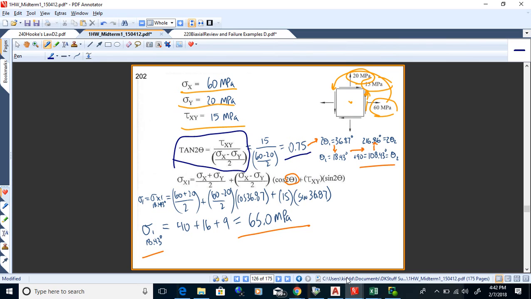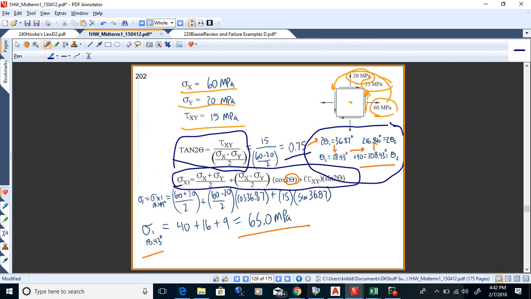So this is finding the principal stresses. The way I approach these is I find the angle first. And then when I've got the angle, I plug it into the general formula. That way I know which stress acts at which angle. I don't use that radical formula.